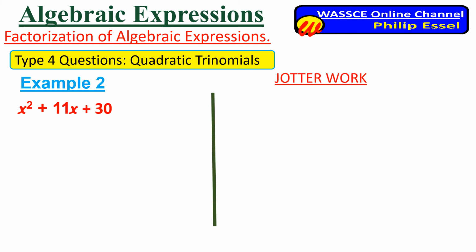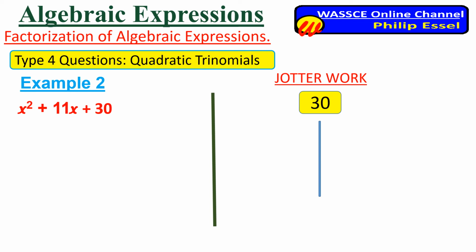So first, we would multiply the coefficient of our variable square to our constant. The coefficient of our variable square is 1 and our constant is 30. So 1 times 30 would give us 30.